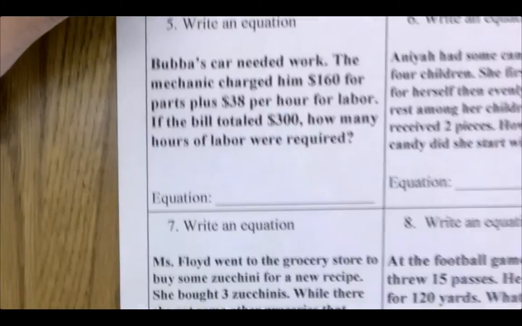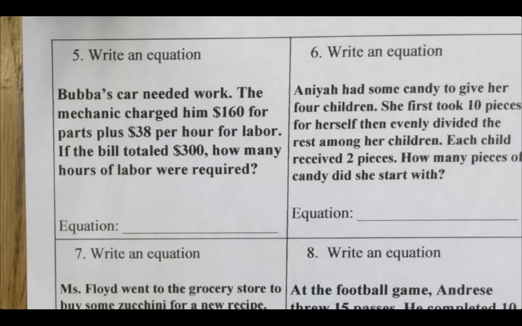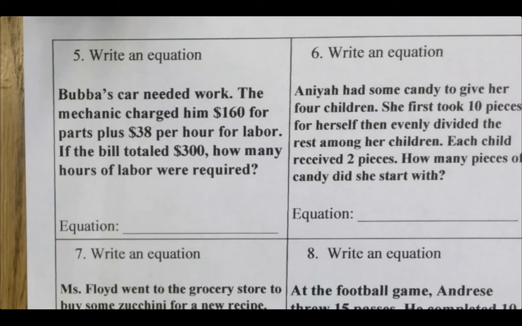So, number 5, Bubba's car needed some work. The mechanic charged him $160 for the parts plus $38 per hour for the labor. If the bill totaled $300, how many hours of labor were required? So we are going to start with the easy one.